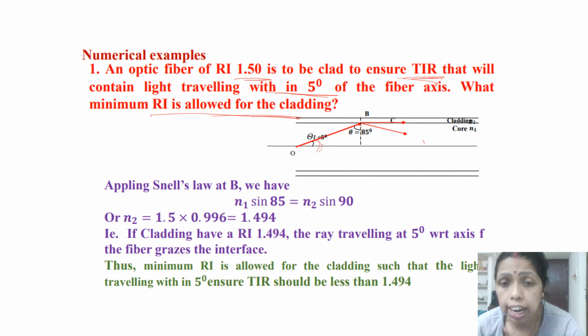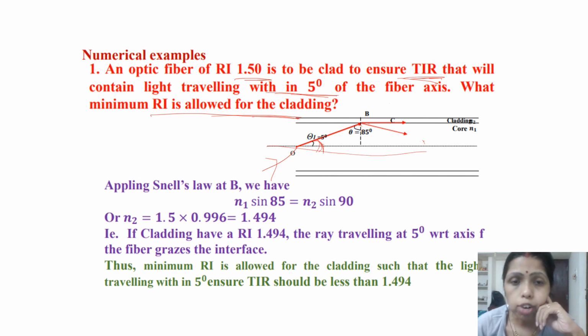That means this is theta r, not the incident acceptance angle. It is creating 5 degree with the fiber axis, that means the reflected angle when it hits the core-cladding interface. This is theta r. Theta is 5 degree. Then you have to calculate the cladding interface.